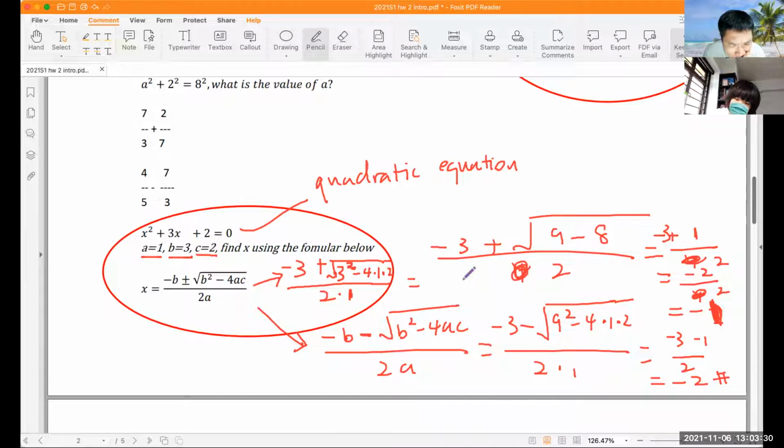Does it make sense? Let me see. 3 minus 1 minus 8 minus 1. Yeah, correct. So these are the two answers.